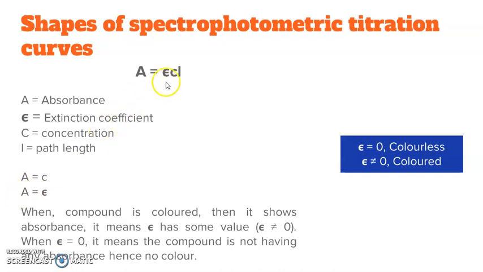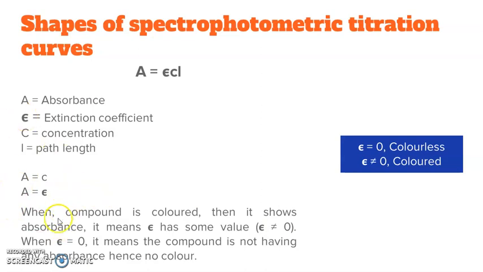If the other terms, concentration and path length, are constant, then A would be equal to epsilon, which is nothing but the extinction coefficient. We also call it the molar extinction coefficient. When a compound is colored, it shows some absorbance. That is the very basic thing in visible spectroscopy.